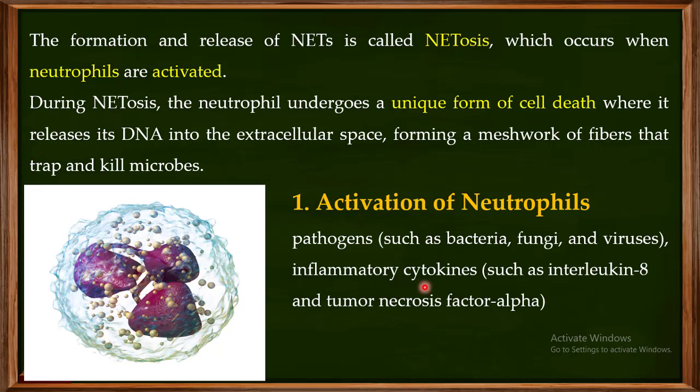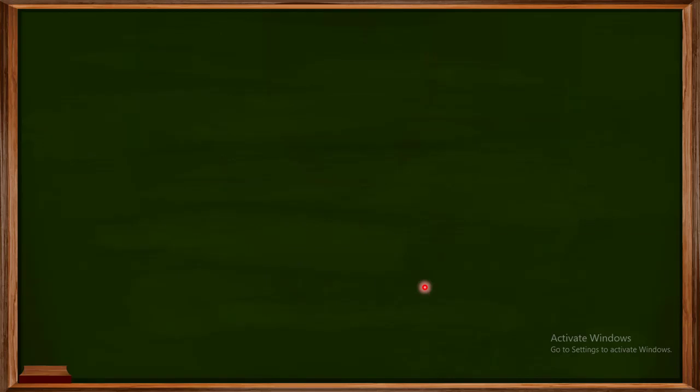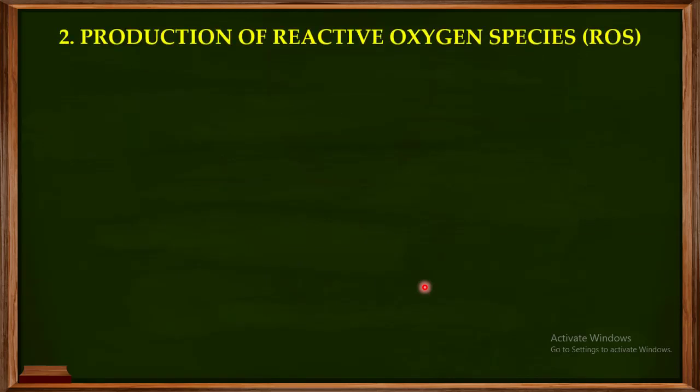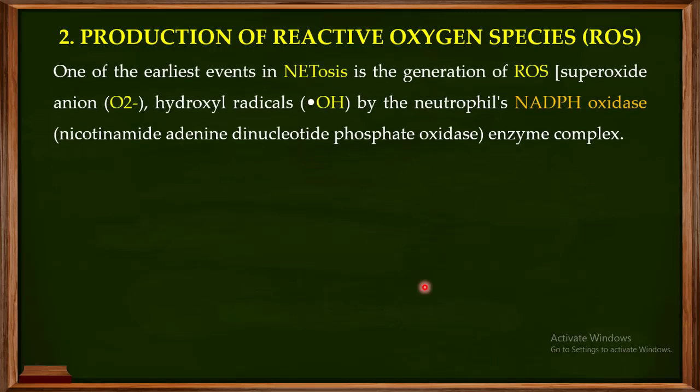So the first step in the process of NETosis is the activation of the neutrophils. The second step is the production of the reactive oxygen species. And in the last video, I told you that in the neutrophils there is a specialized enzyme known as NADPH oxidase, which is responsible for the generation of reactive oxygen species like the superoxide anion and the hydroxyl radicals.